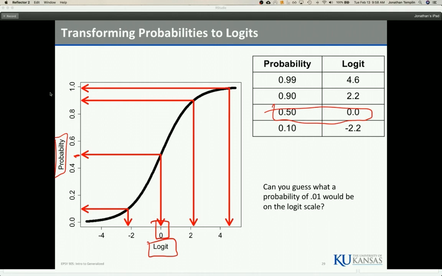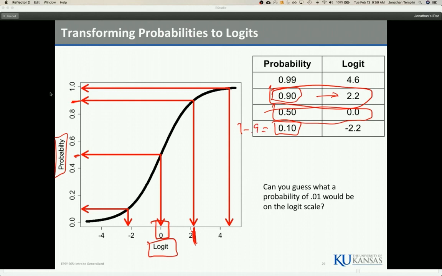So let's move up a little bit. A probability of 0.9, which is up here, leads to a logit value of 2.2. So this is a high likelihood that an event occurs. The cool thing about logits, cool if you're in a statistics sense, is that if you know a probability of 0.9 gives us 2.2, you also know the complementary probability of 0.1, which is 1 minus 0.9.